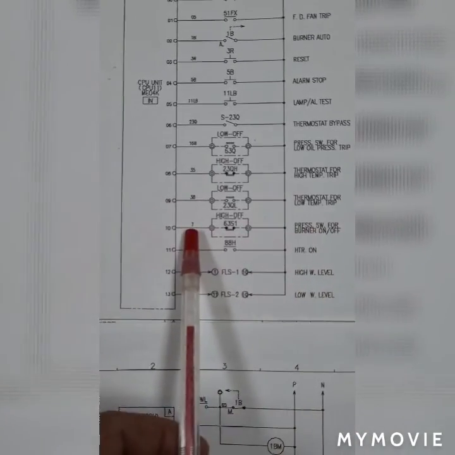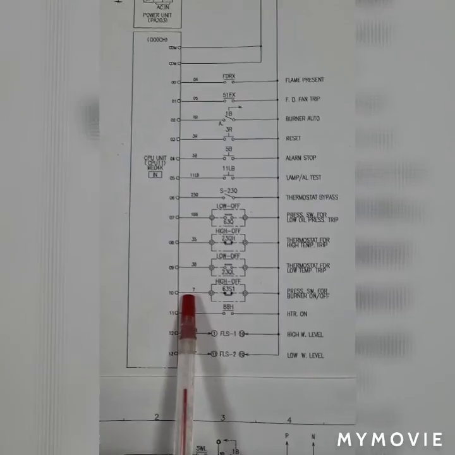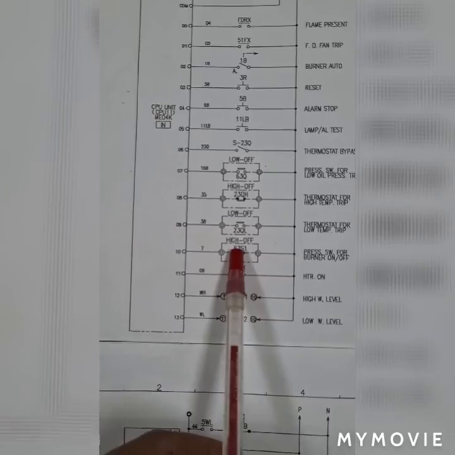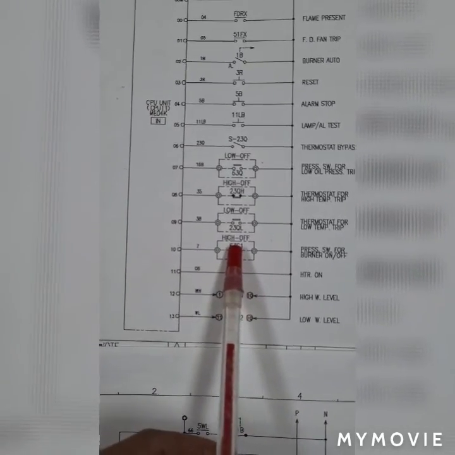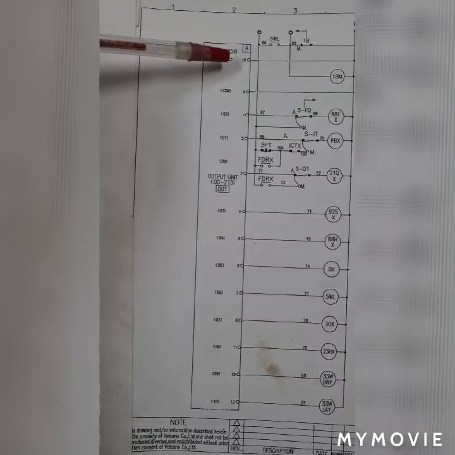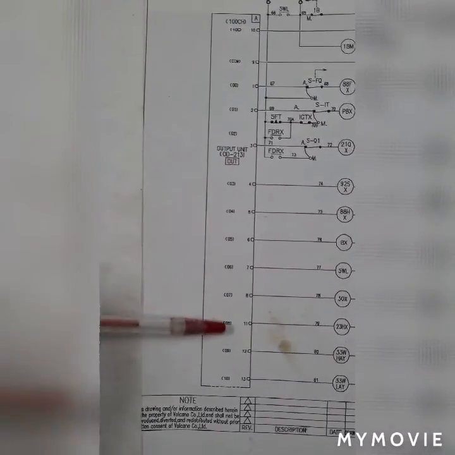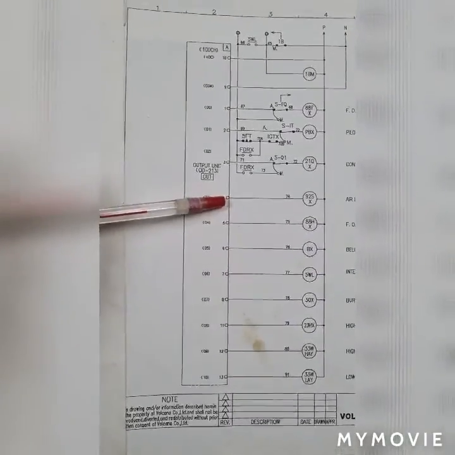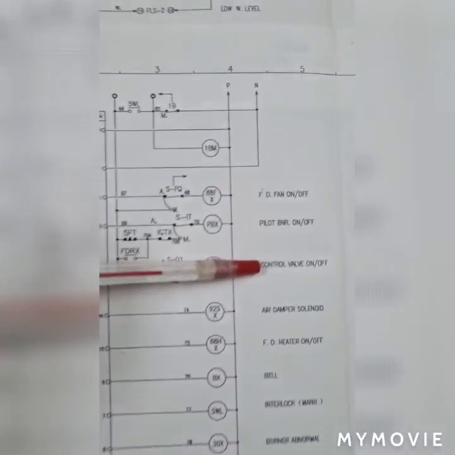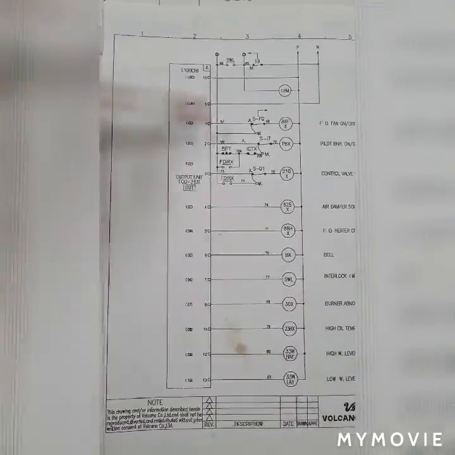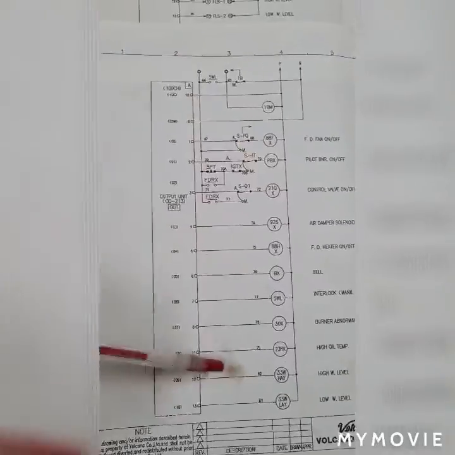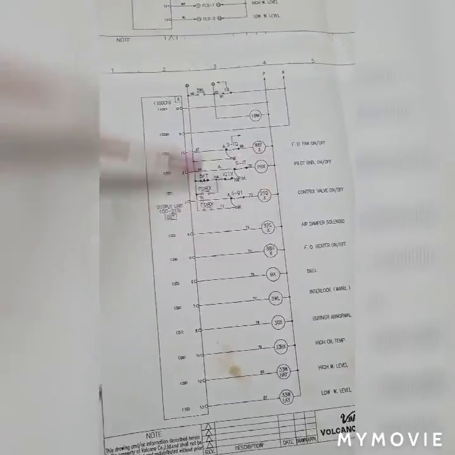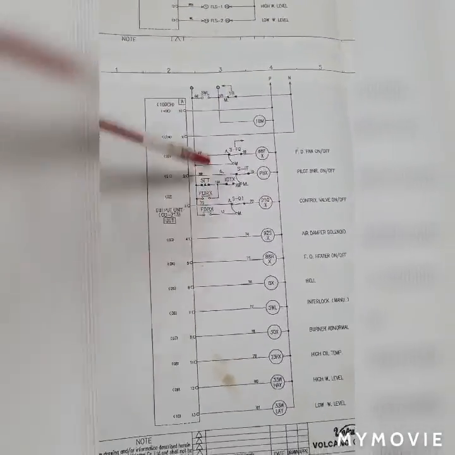If the steam pressure reaches about 0.59 megapascal, the pressure switch releases and gives again a signal to the control valve on/off, and the furnace and boiler burning process will stop.